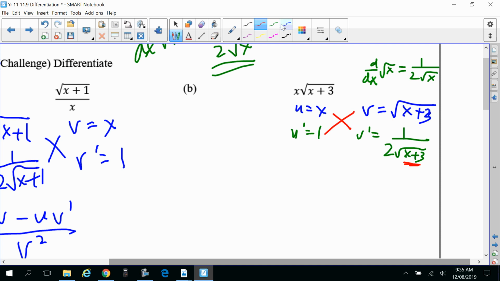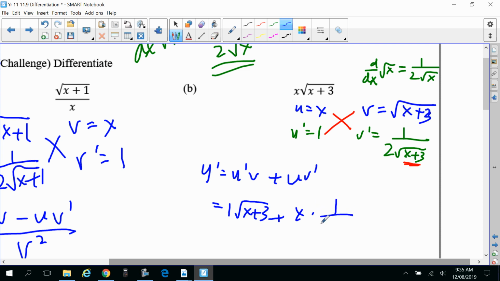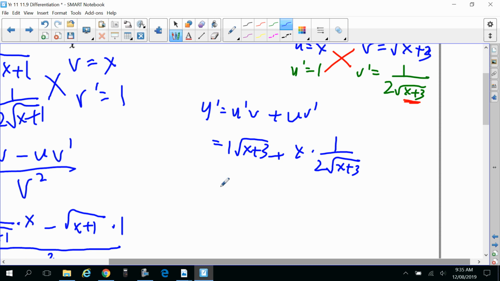Cross multiply. y dash is u dash v plus uv dash. u dash is this 1, root x plus 3, plus u, x, times 1 on 2 root x plus 3, so x over 2 root x plus 3.